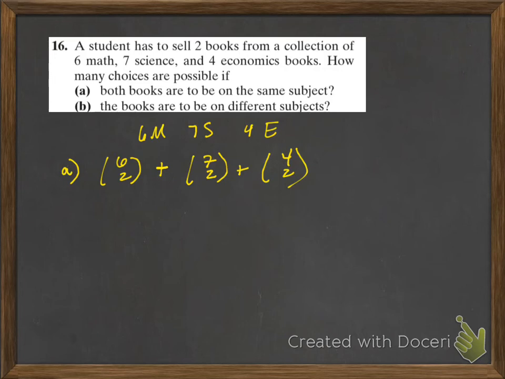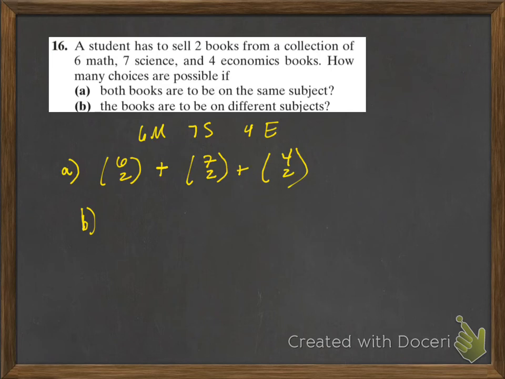Now, if the books are to be on different subjects, that's actually a hard thing to count by considering all the possible cases. So the way we're going to account for this is we're going to subtract off what it's not, okay? If the books are to be on different subjects, that means that they can't both be from the same subject.